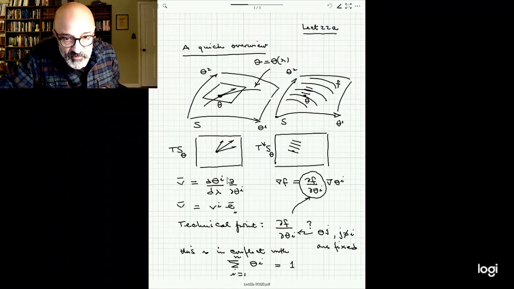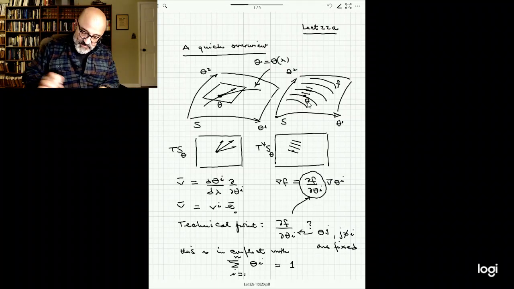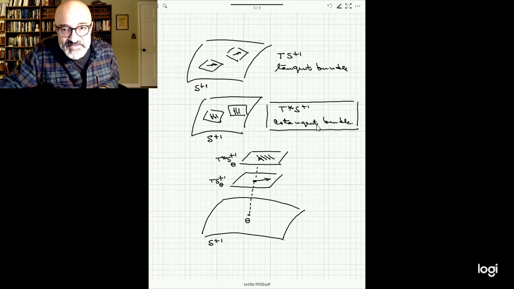Just like we had invented vectors on S, and we had invented covectors on S, we can now invent vectors and covectors on this larger space.